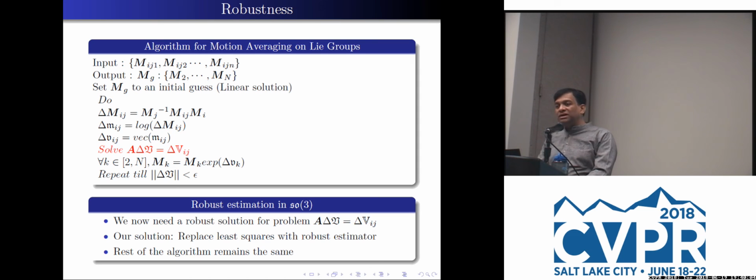So just a reminder, this is where we are, right? We defined the notion of how to do averaging on the groups, and we left this aside. And I've shown you a bunch of different ways already on how to solve this system of equations.